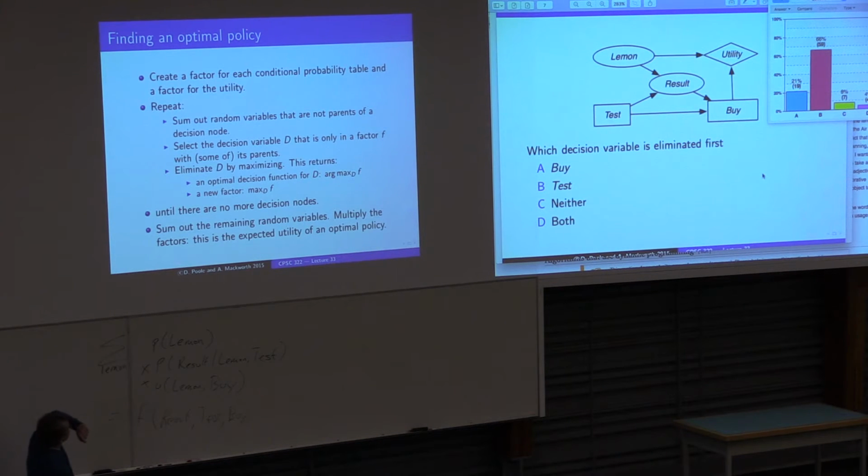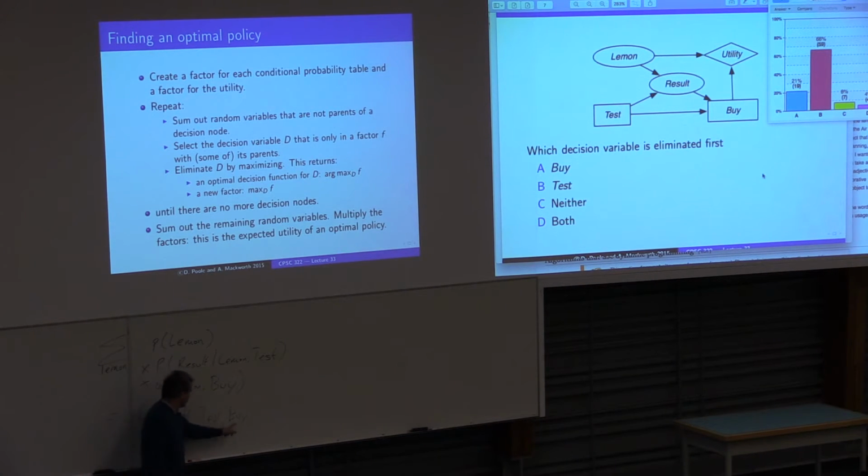We're selecting a decision variable that's only in a factor with some of its parents. Buy doesn't have any parents. No, sorry. Test doesn't have any parents. So it says here, a decision variable that's only in a factor with some of its parents.